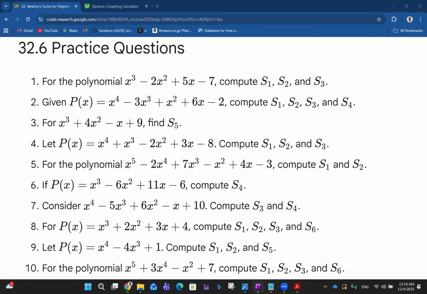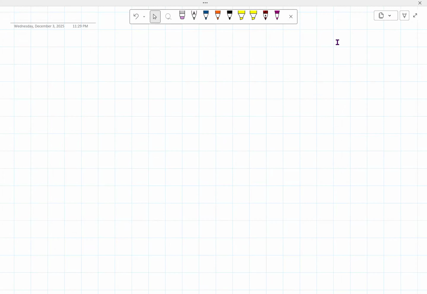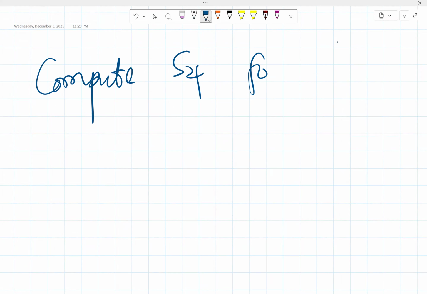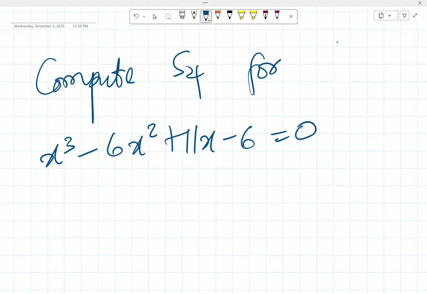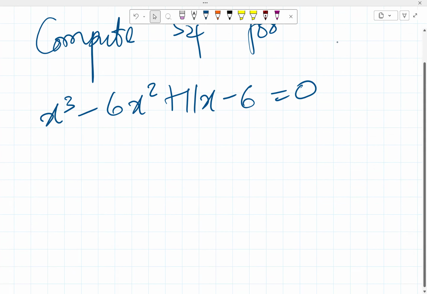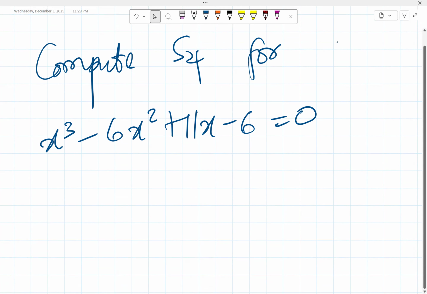Okay, so I come to the worksheet now. We want to compute S4 for x raised to power 3 minus 6x squared plus 11x minus 6 equals 0.